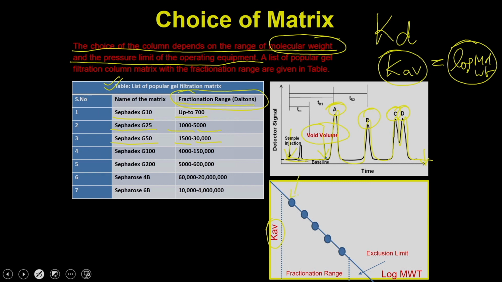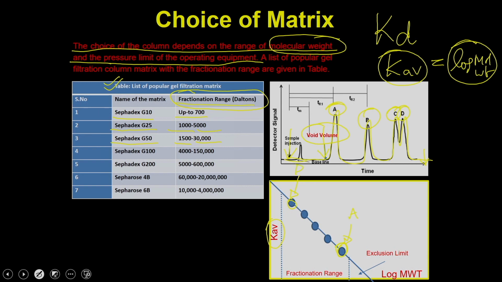So, this is the first protein and this is the last protein that you are fractionating in this column. The first protein is the one coming just after the void volume. So, this is the A protein and this is your D protein.